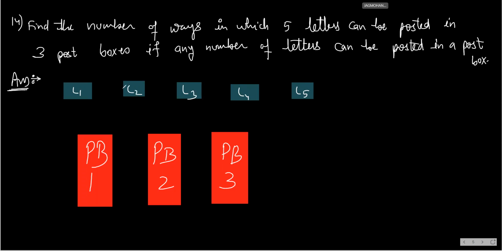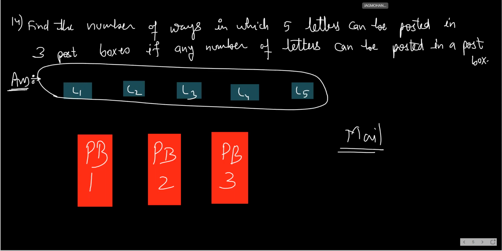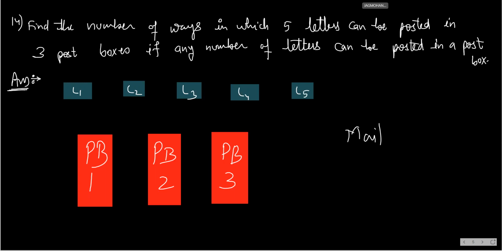What does that mean? Try to understand. It simply means your aim is to mail these letters. Is it not possible for you to put all the 5 letters in post box number 3?